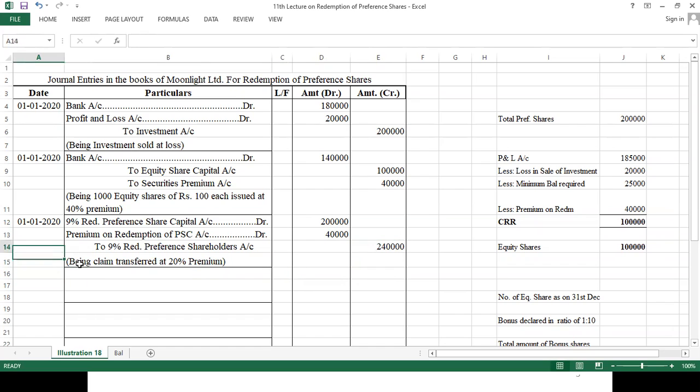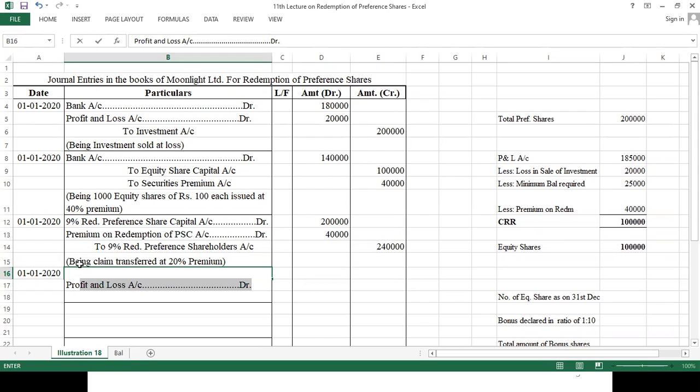Next entry will be providing premium for redemption. Entry will be profit and loss account debited to premium on redemption of preference share capital account.